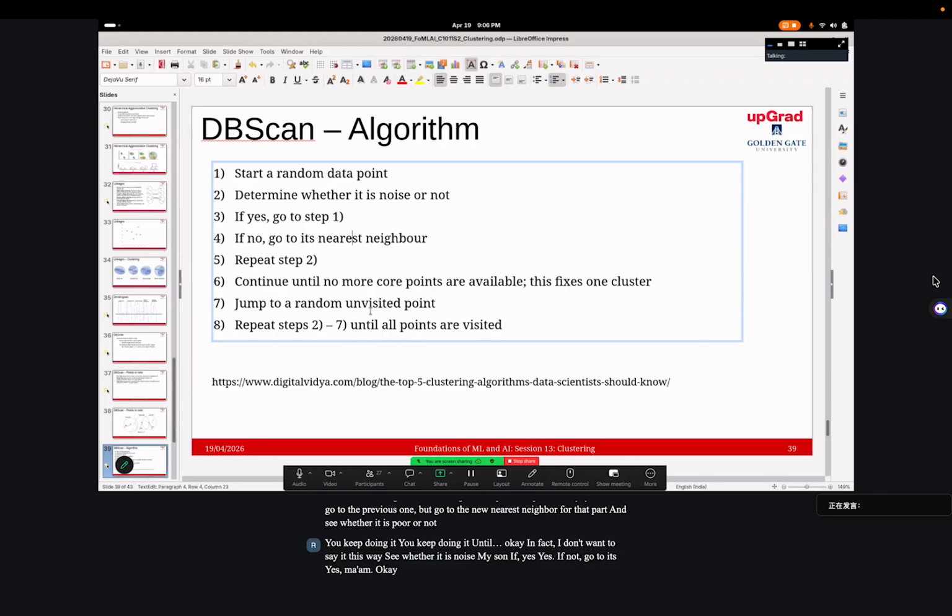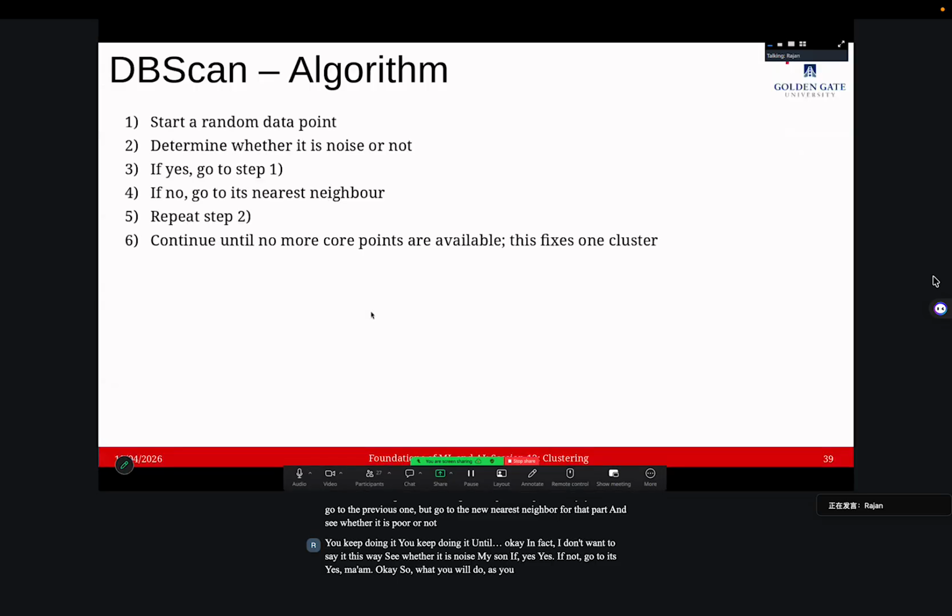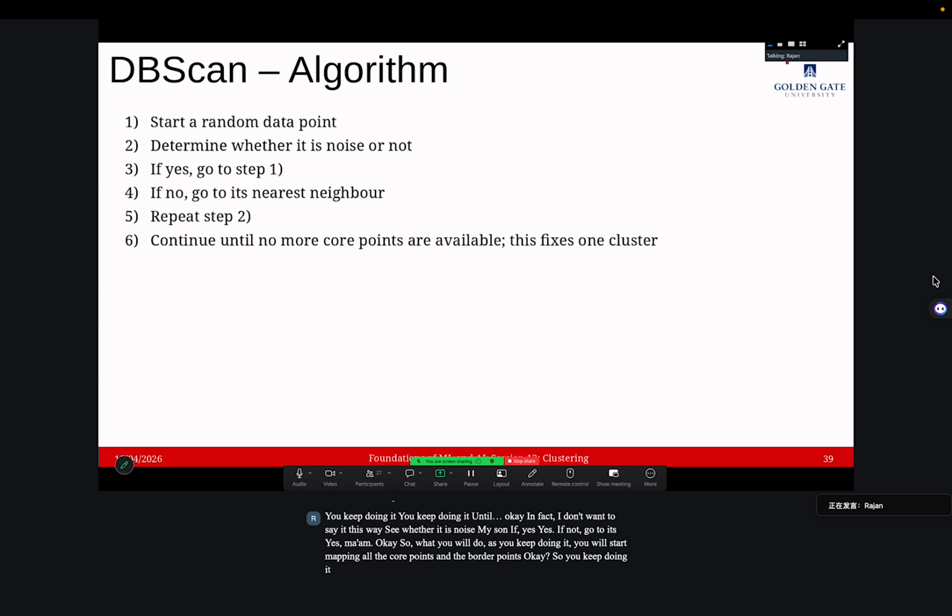So as you keep doing it, you will start mapping all the core points and the border points. You keep doing it until you reach a position where you cannot go to a core point. Now you have identified one cluster.